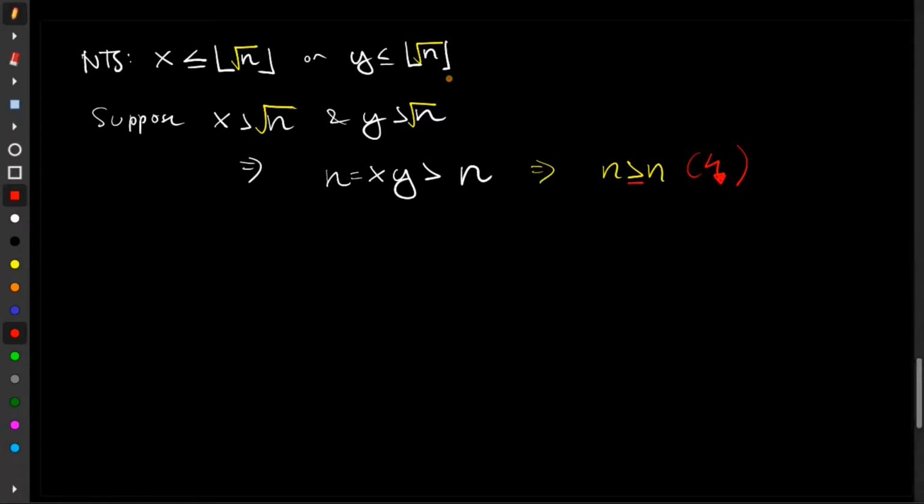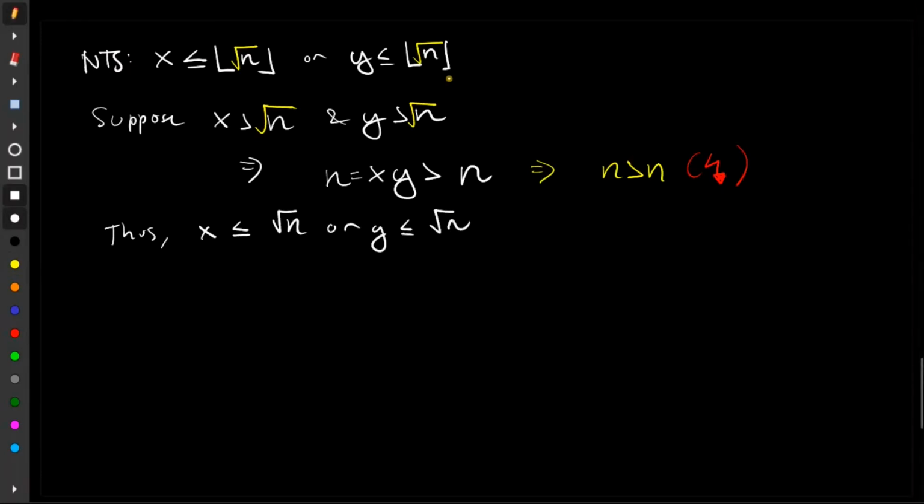So this is false, which then implies that x is less than or equal to the square root of n, or y is less than or equal to the square root of n. Now observe here that since we are dealing with integers, we can simply put the floor function here.